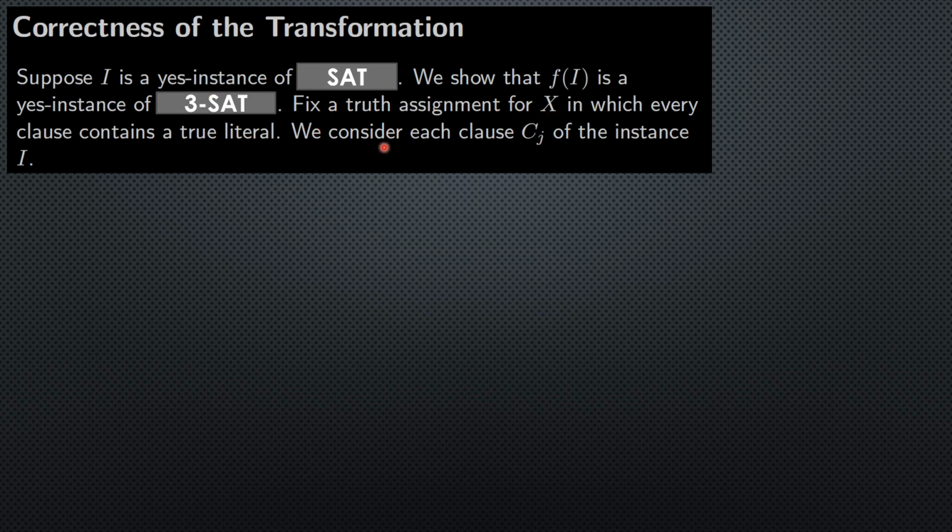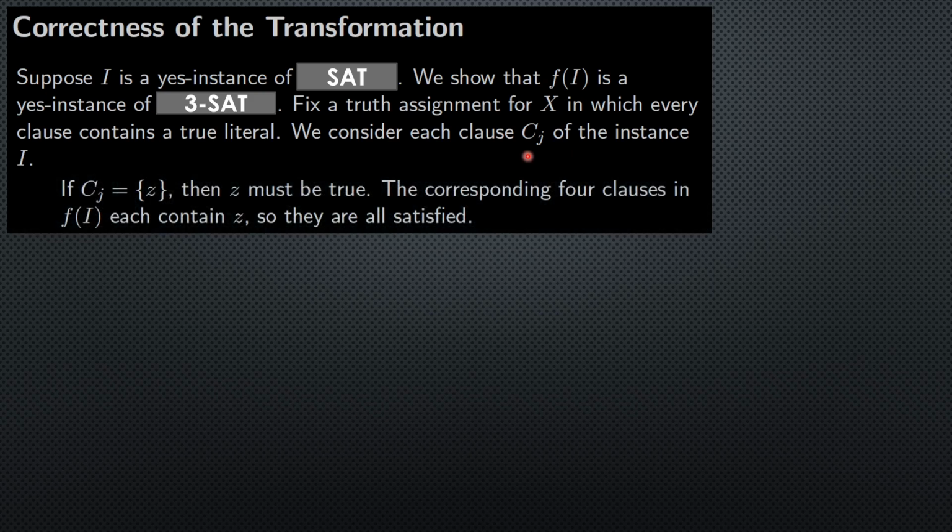We're going to consider each of the clauses in the instance I, and argue that the corresponding clauses in f of I are satisfied by the truth assignment that causes all of the clauses of the SAT instance to be satisfied. We're going to do this in cases. We go through all the clauses of the SAT instance and say, this was satisfied, so consider the corresponding clauses in the transformed instance; all of those must be satisfied.